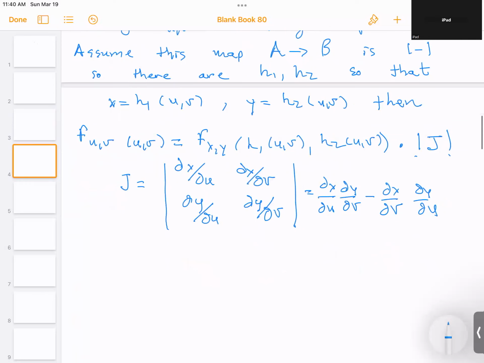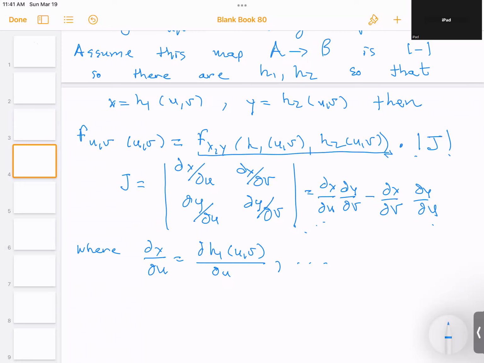And here, when I say x, what do we really mean? dx/du, where the map back to x is h1, so this is just the derivative of h1(u, v) with respect to u, etc. The other ones are like this too. And I want the absolute value of this. It could be negative or positive, and I certainly don't want it to be negative if I have a density, so it's correct to take the absolute value.